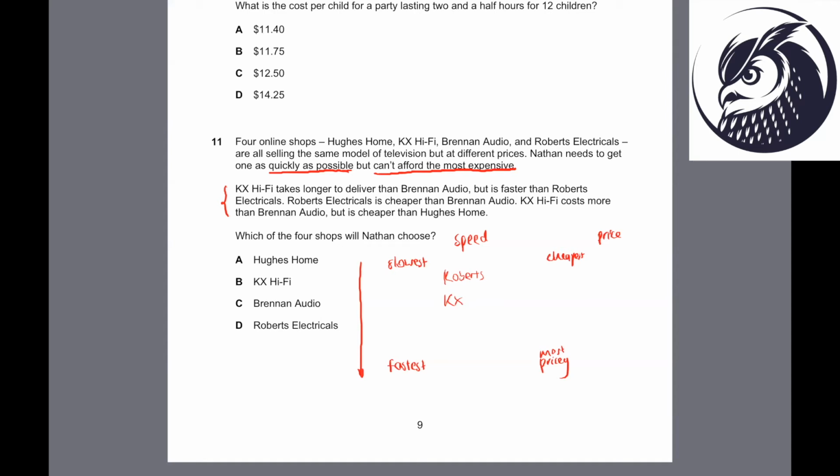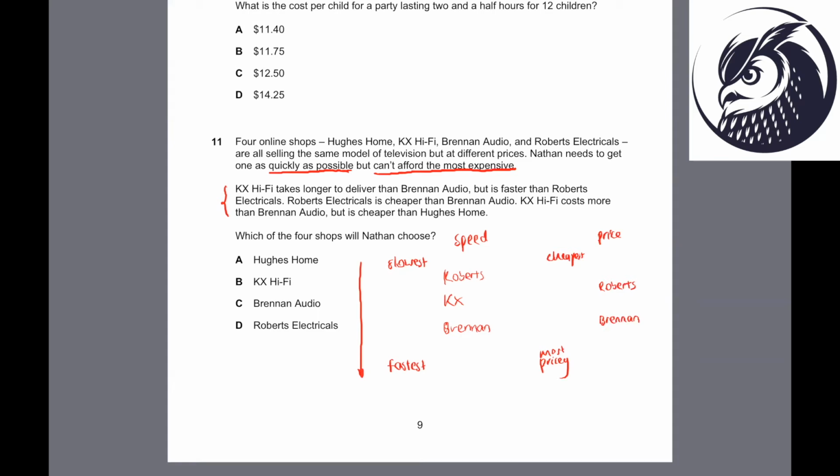But KX takes longer than Brennan, so Brennan is a bit faster than KX. And that's all we've got so far. We don't know where Hughes Homes is in the speed department. Let's move on to the next sentence. It says Roberts Electricals is cheaper than Brennan Audio. So I know that Roberts is cheaper than Brennan.